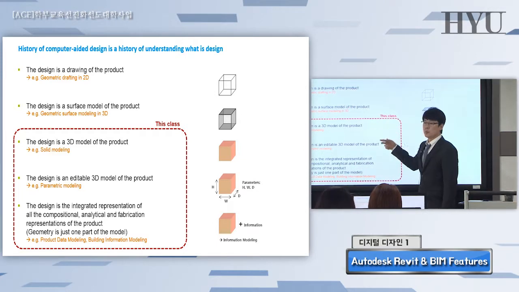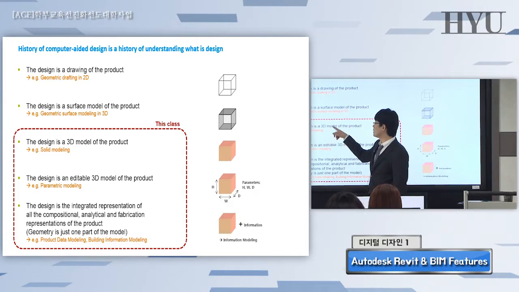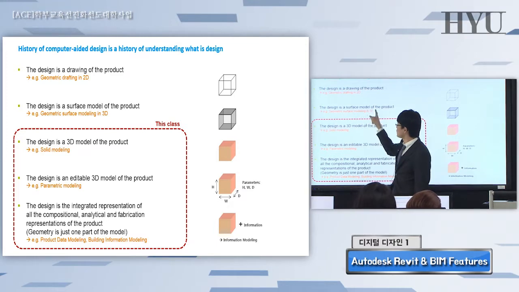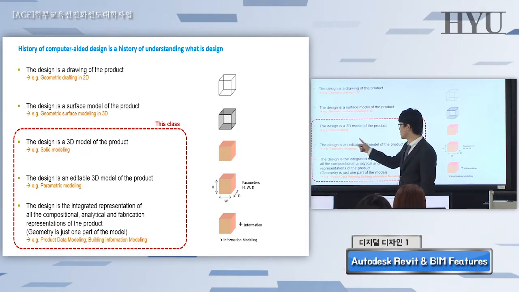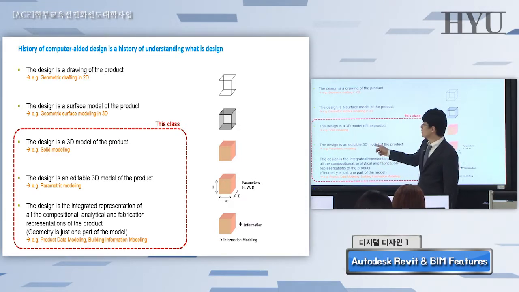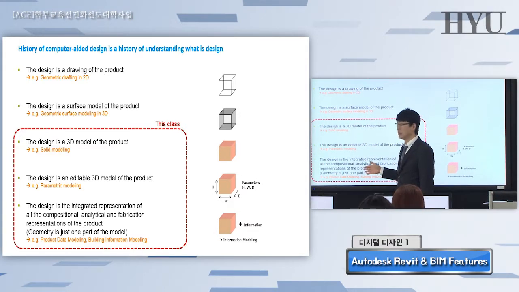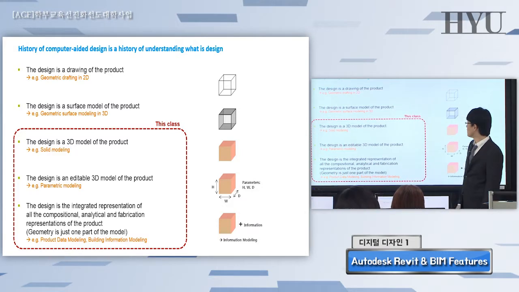Solid modeling, parametric modeling, building information modeling, and the bottom one always includes the former ones, okay? This one contains 2D drawing. This solid modeler contains surface and geometric modeling. How about this one, parametric modeling? This one is totally based on solid modeling. Everything is the basis of building information modeling, okay?